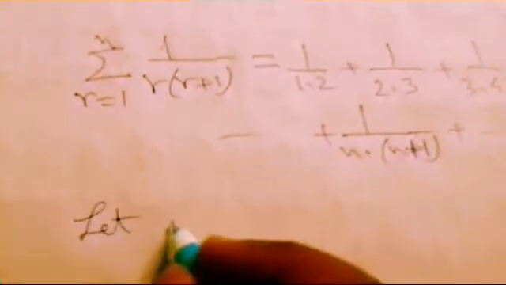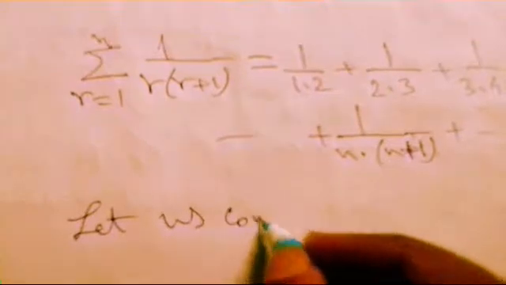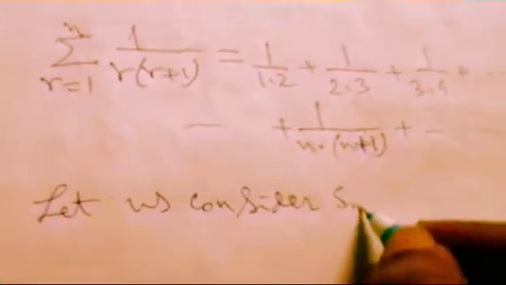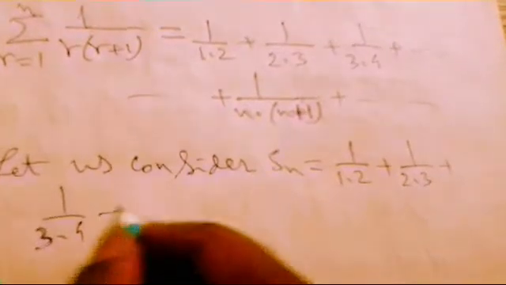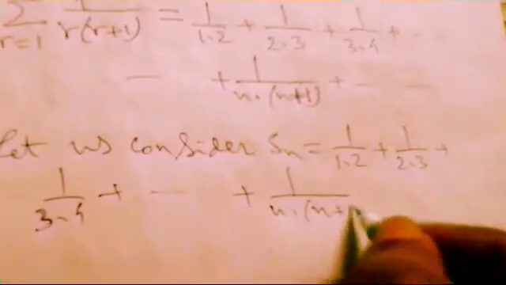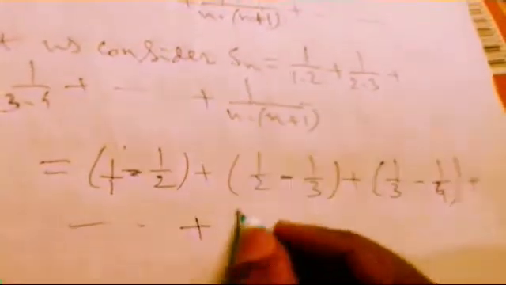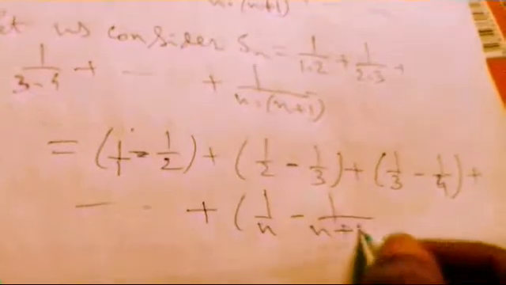Now let us consider its partial sum. Let us consider S_n as the partial sum, that means 1 by 1.2 plus 1 by 2.3 plus 1 by 3.4, in this way up to 1 by n into n plus 1, and it reduces to 1 minus 1 by 2, plus 1 by 2 minus 1 by 3, plus 1 by 3 minus 1 by 4, up to 1 by n minus 1 by n plus 1.